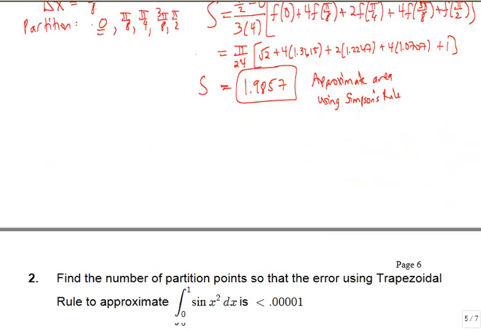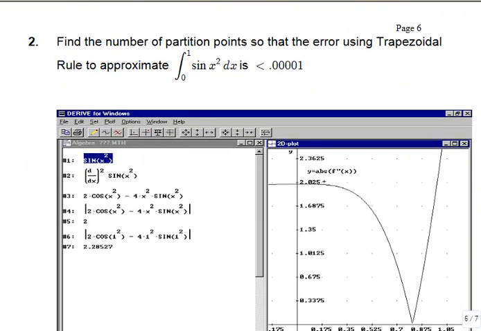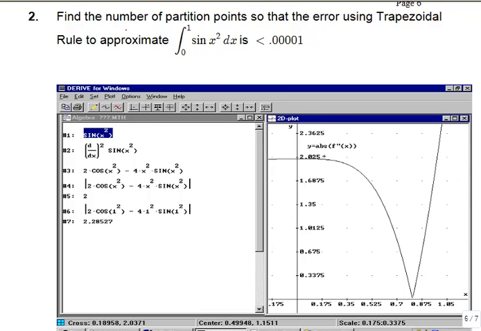Now, in the next example, we're going to use that error formula. So we want to find the number of partition points so that the error using the trapezoidal rule to approximate the integral from 0 to 1 of sine of x squared dx is less than 0.00001. So think about how the trapezoidal rule works. Normally I tell you how many trapezoids n to use, and then you use your formula and you compute what that error approximation would be.